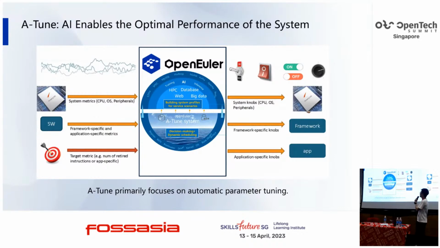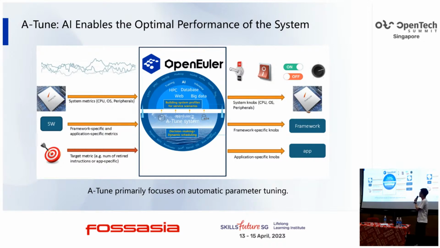Then we designed A-Tune, which is an AI engine. We use AI to enable optimal performance of the system. First, we need to collect all kinds of data, such as system metrics, for example, the CPU utilization, and other data such as framework-specific and application-specific metrics, and the target metrics.